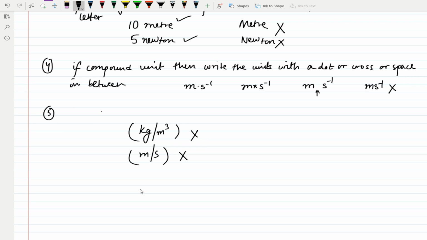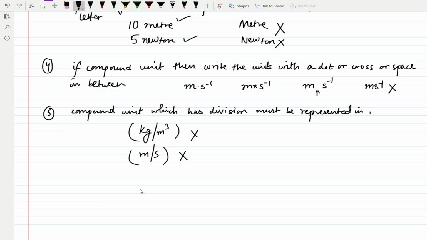Compound units which have division, that means which are formed using division, must be represented with negative power.